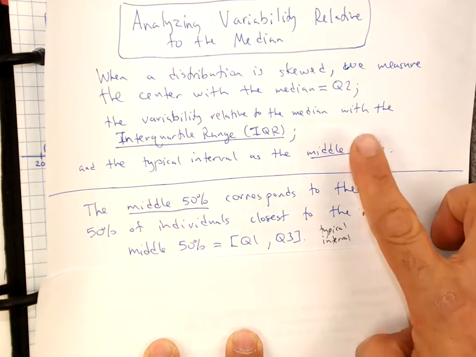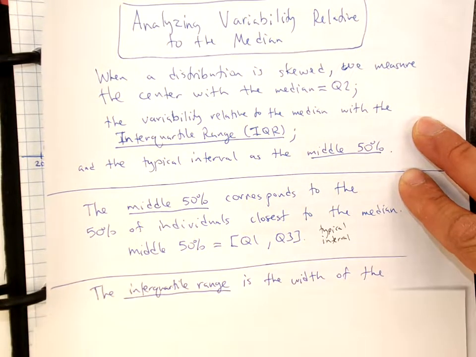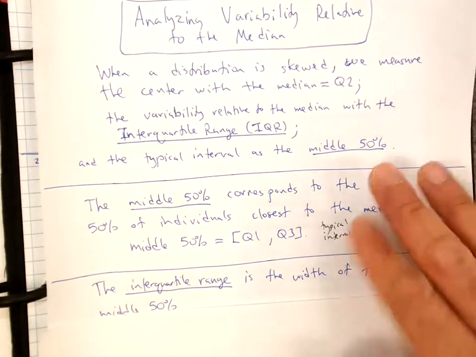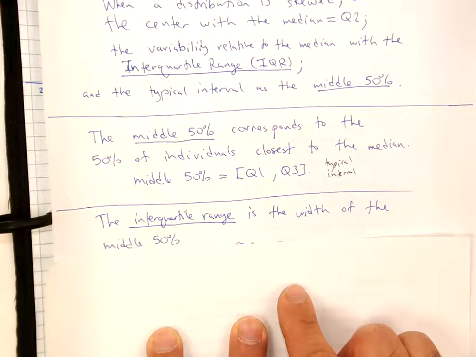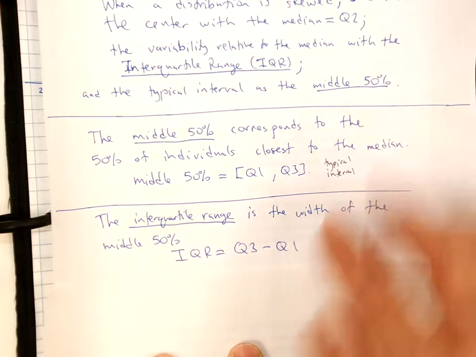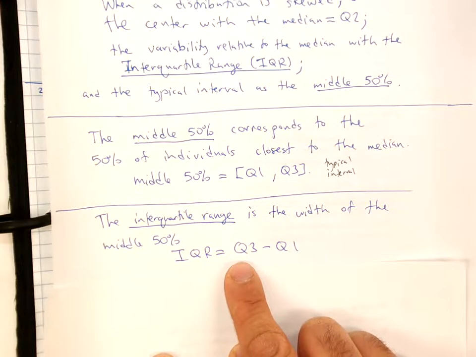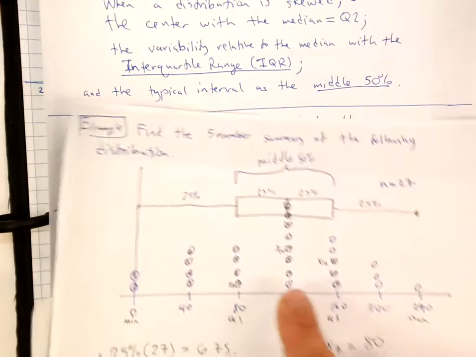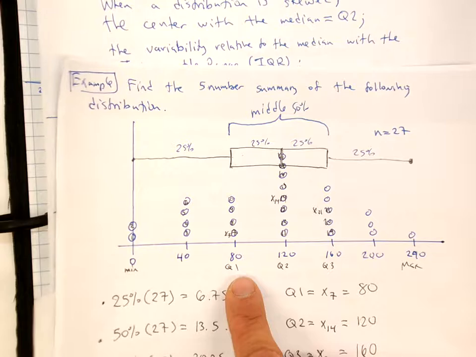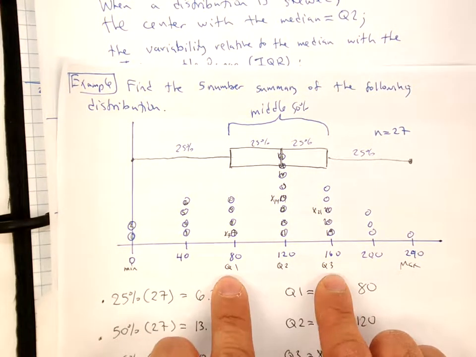The variability relative to the median is calculated with the interquartile range. What is that? The interquartile range is the width of the middle 50%. So how big that middle 50% is. How do we calculate it? We subtract. The IQR, the interquartile range, will be the Q3 value minus the Q1 value. This will give you the size of that interval. So in this previous example, my middle 50% is from 80 to 160. That's my typical interval.